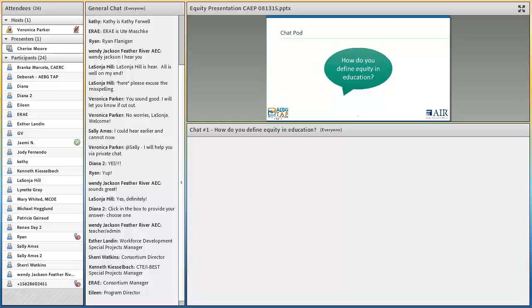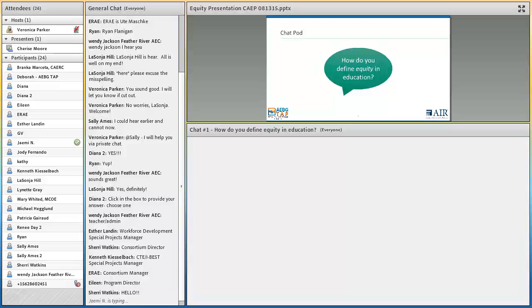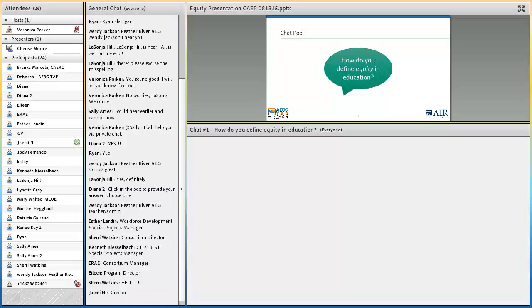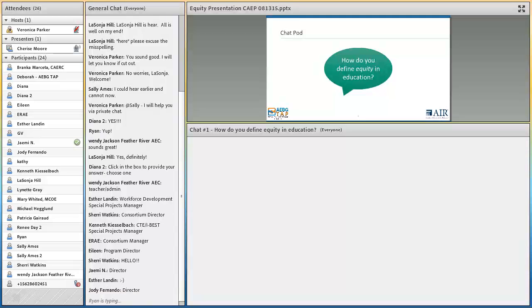Thank you, Esther. Thank you, Sherry. Hi, Sherry. Thank you, Kenneth. ERAE Consortium Manager, Uta. Hi, Uta. So go ahead, take a moment in that center chat. Type in your definition of equity. What does equity mean?